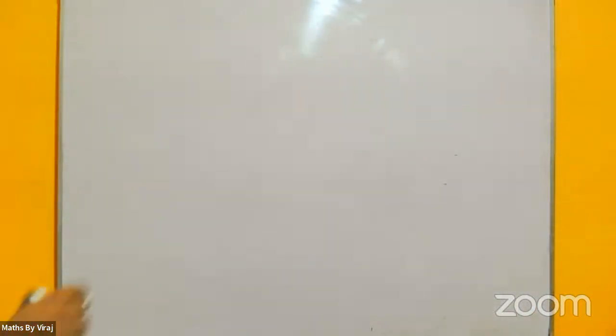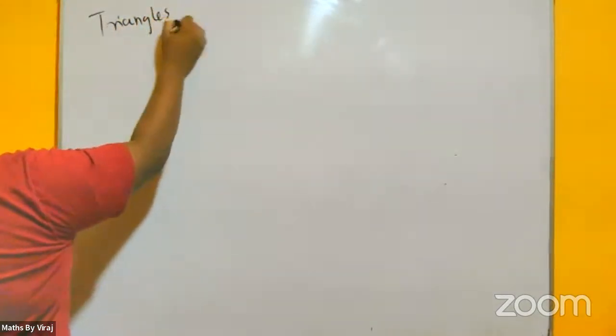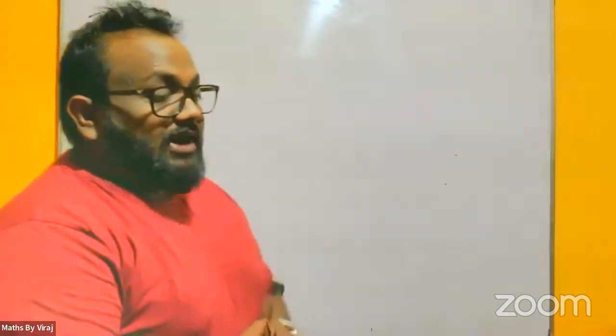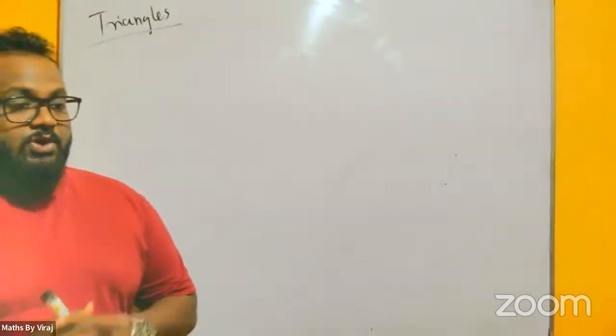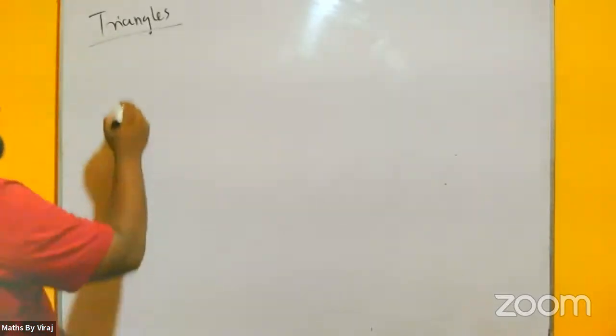Triangles one, right? Okay. Now let's try to understand the lesson on triangles. This particular part, I'm teaching you just to make sure that you understand the theory. What is the theory?